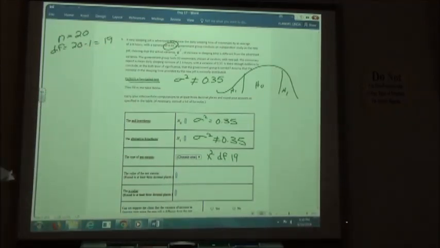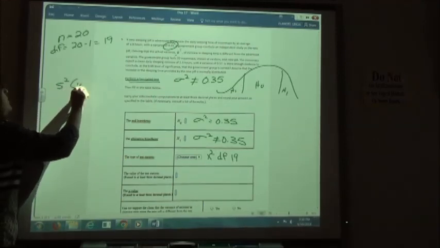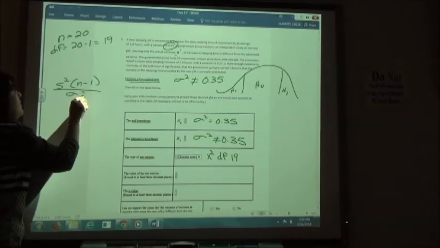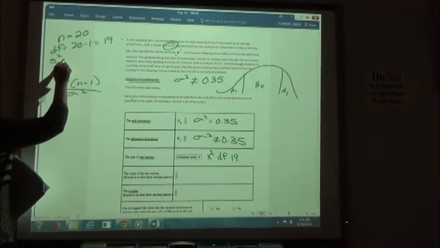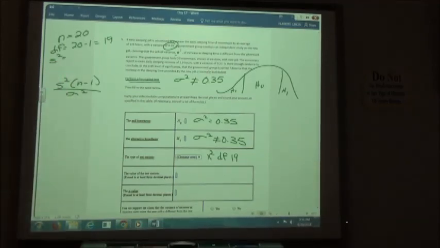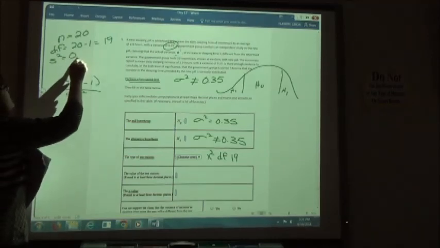All right, our formula that we had: S squared times our n minus 1 over our variance squared. So our sample variance says we have what? What's the variance from the sample? 0.57, exactly. 0.57.